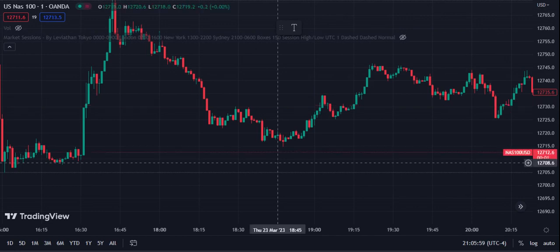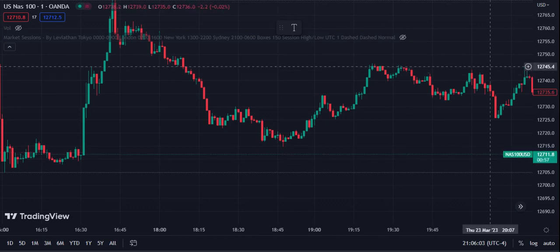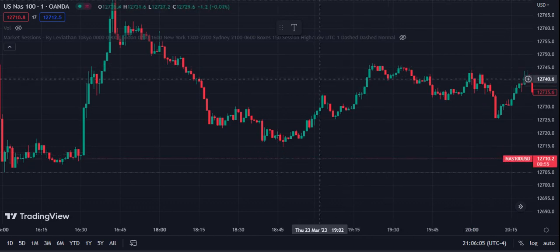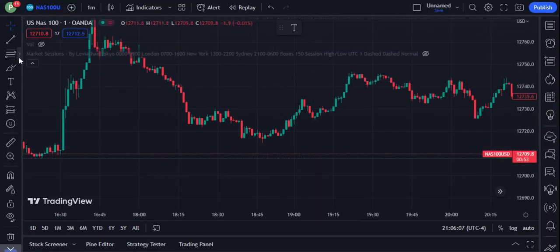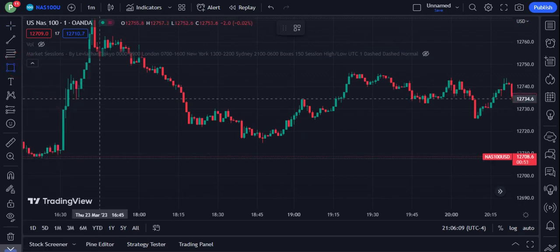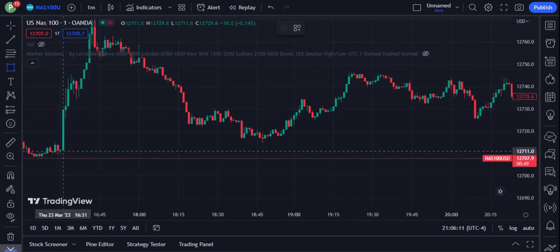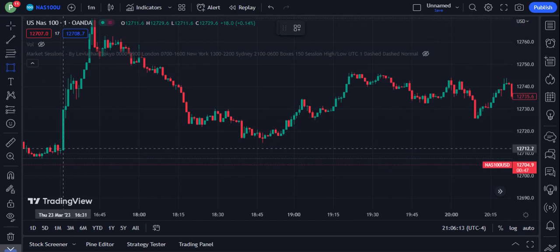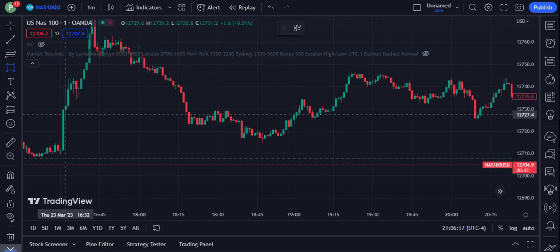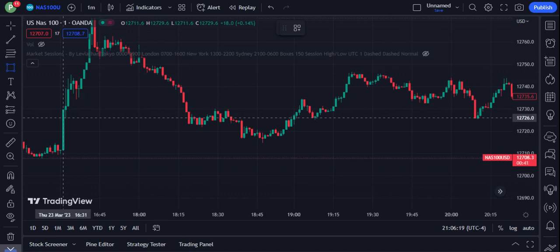So first of all, to the basics, how do you determine an ICT fair value gap? You want to look for one candle that has no wick behind it, no wick in front of it, the space between where no candles overlap it, just one straight candle where there's no overlap from behind or the front.